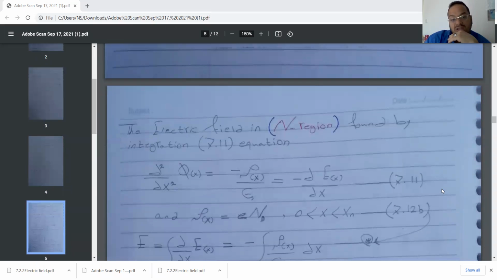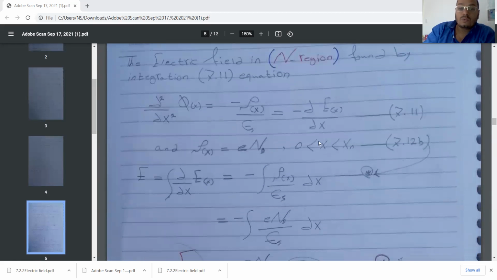Now let's calculate the electric field in the n region, found by integrating equation 7.11. Like I said before, today this equation will be the most important equation for us because we will use it a lot. We will use the same idea, the same equation, but the volume charge has another result at the n side: it equals the donor concentration when x is bigger than 0 and smaller than the width in the n region.